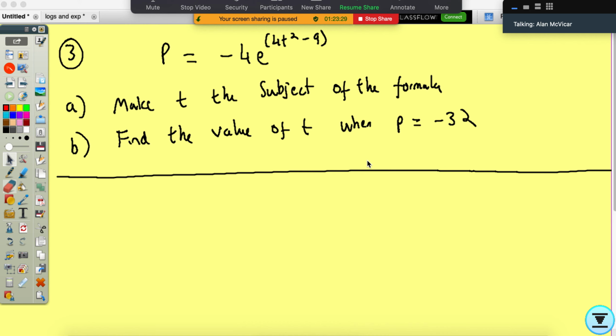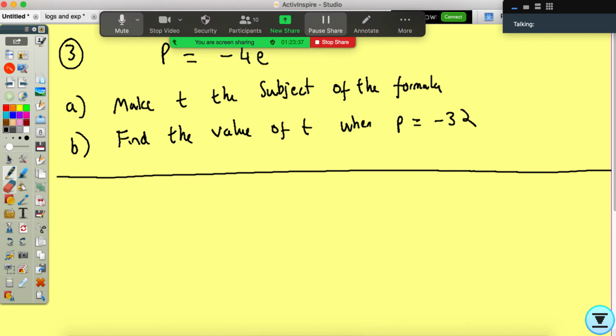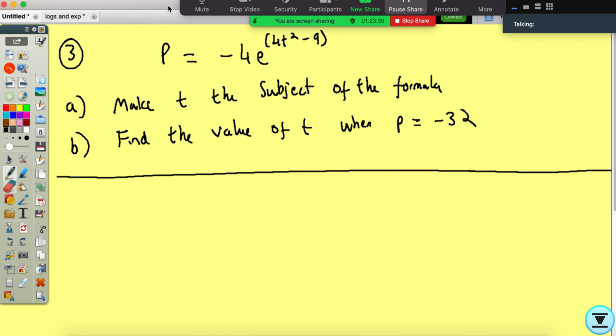So first thing I would do is rewrite it. Negative 4 e to the power of 4t squared take away 9 equals p. So I need to move that negative 4.